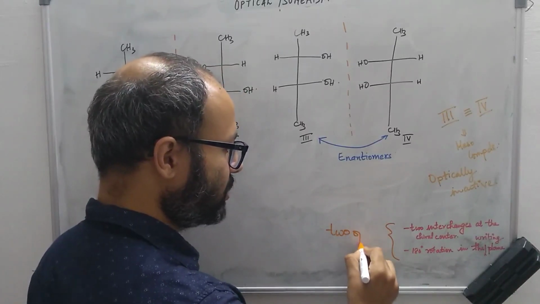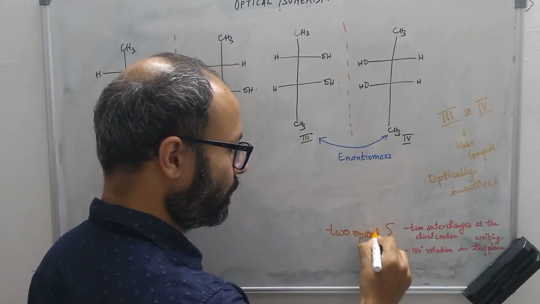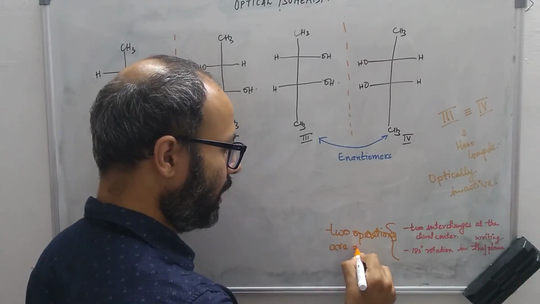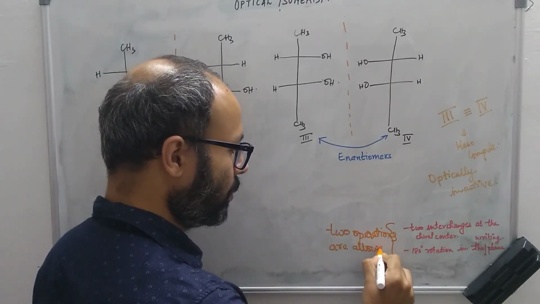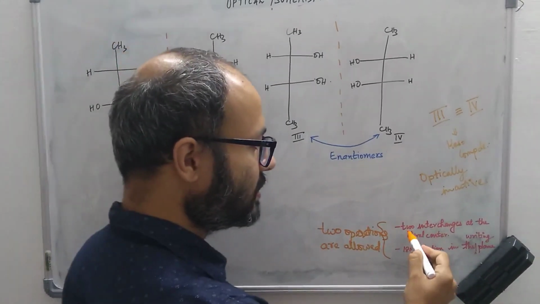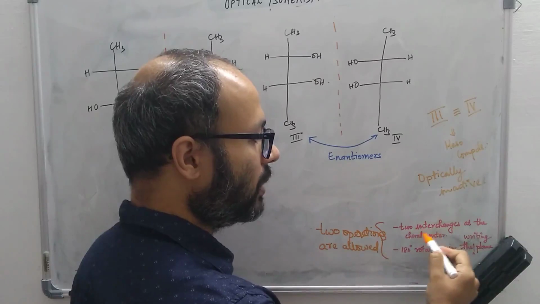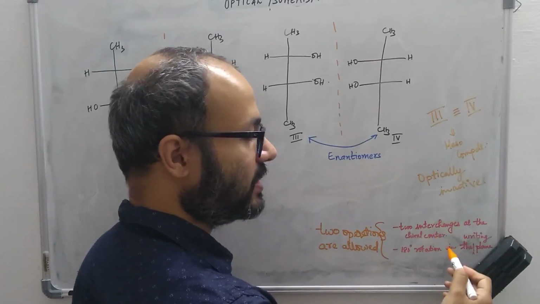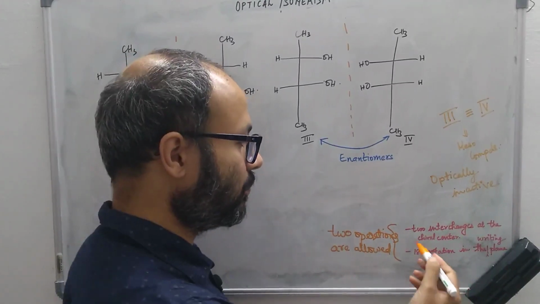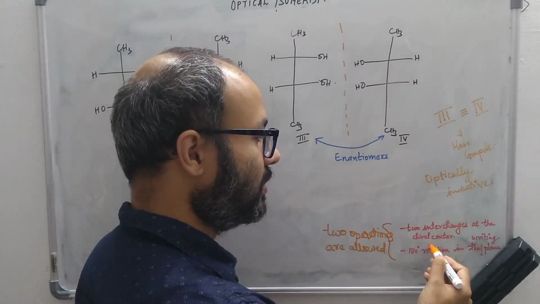Two operations are allowed. What are those two operations? One is that if you do two interchanges of various groups and substituents on the chiral center, then it won't change the molecule.